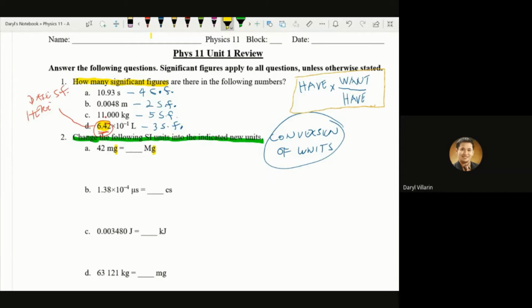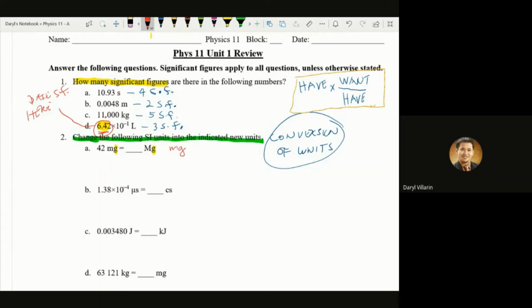Okay, so remember that in our metric system, your unit could only have one letter usually, or if you have two letters, the first letter will always be your prefix. Sometimes it's helpful to map out what you do.